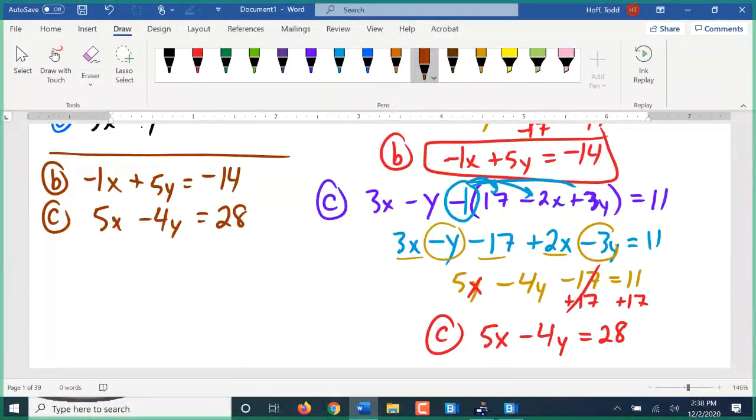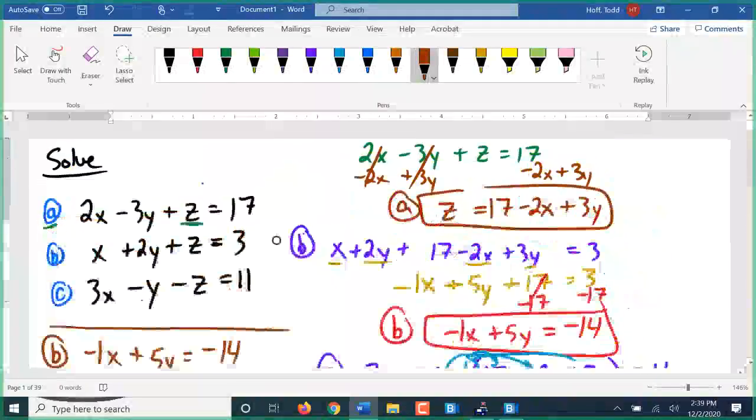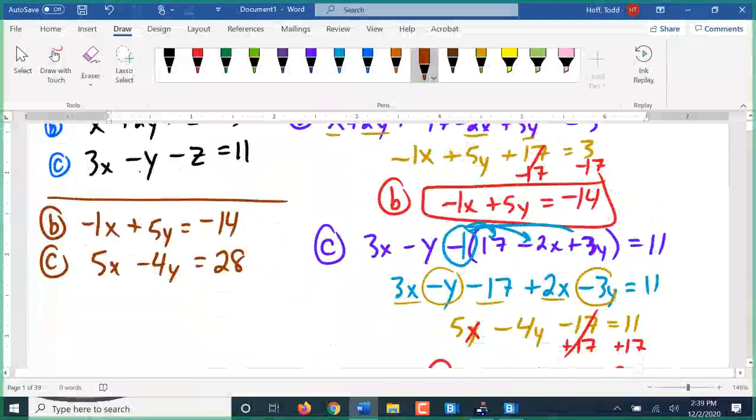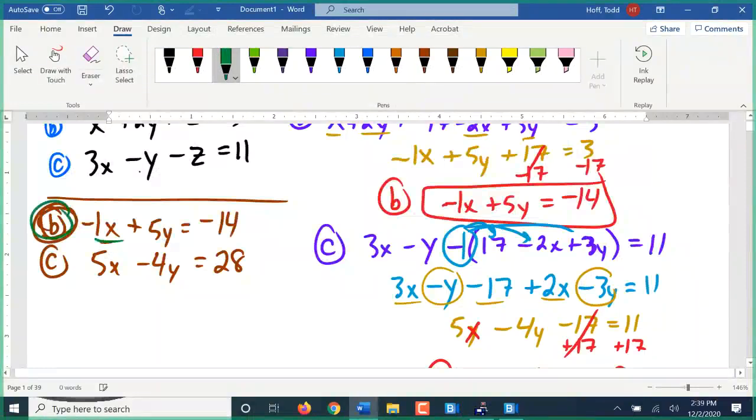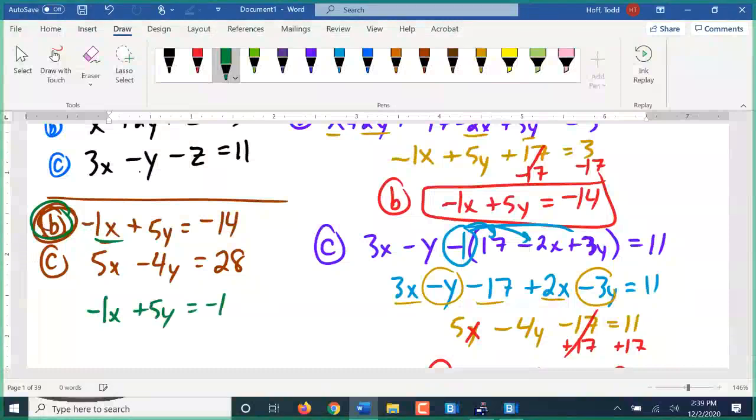And I can solve this using whatever method I want to. This one's actually relatively easy to use substitution on. I'm going to solve equation B here for x. So I've got negative 1x plus 5y equals negative 14. I'm going to subtract 5y.